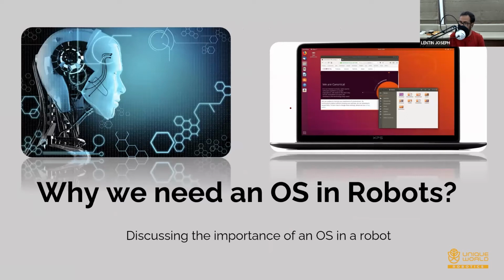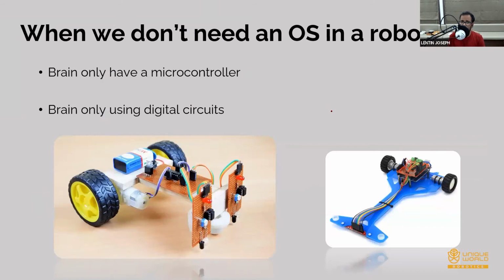Now, I think Winston had a doubt regarding what is a meta operating system. So I just want to show you these two robots. For this robot, this is actually basic.